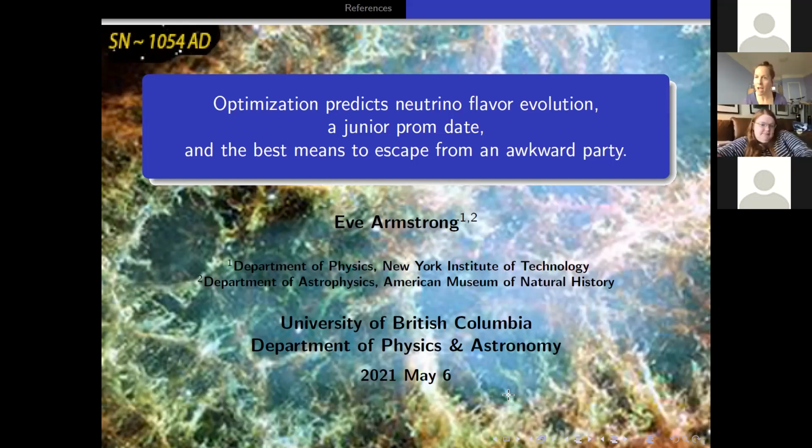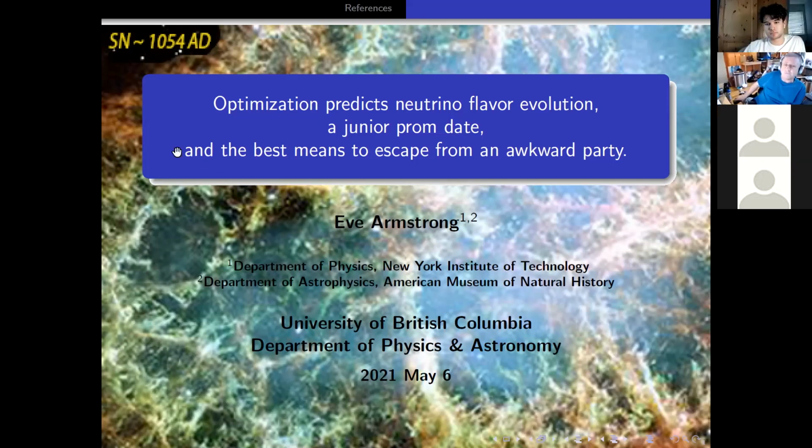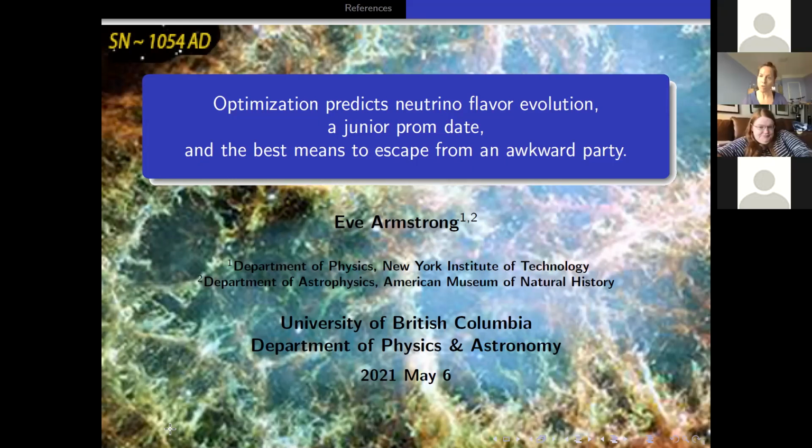So I don't remember exactly what the colors are, but for example, the blue codes for oxygen, and the carbon might be the orange, and silicon might be the yellow. And these elements were created during the nuclear fusion process that happened while the star was a main sequence star before it exploded. And now these elements are expanding out into interstellar space to become the building blocks of other things like us. We are star stuff, you might have heard.